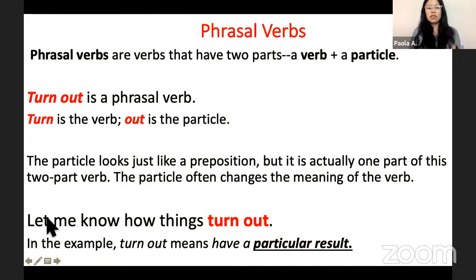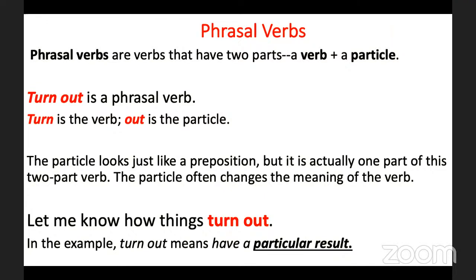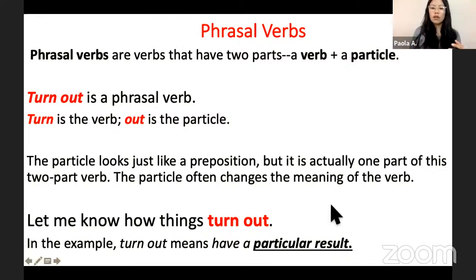This is a very common phrase that we use. When you're talking maybe with a friend and they tell you about something, a project, a work, or how school is going, at the end usually we go, oh, let me know how things turn out, like the result, right?